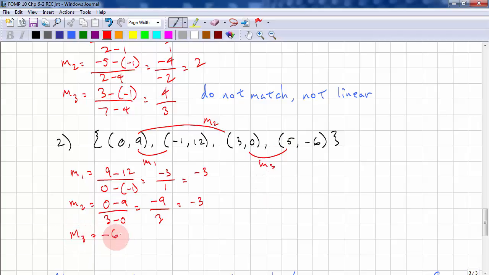And we have negative 6 minus 0 over 5 minus 3. This is negative 6 over 2, and that's negative 3. We can say all slopes are the same, so it is linear.